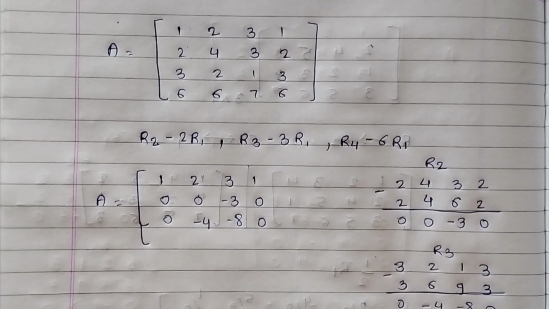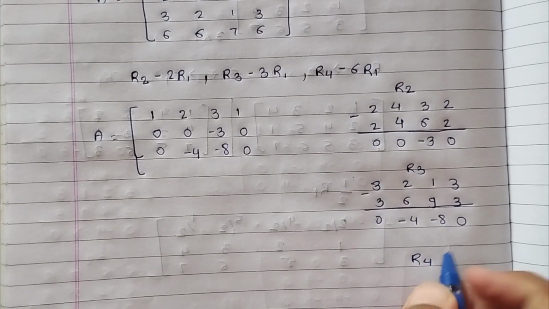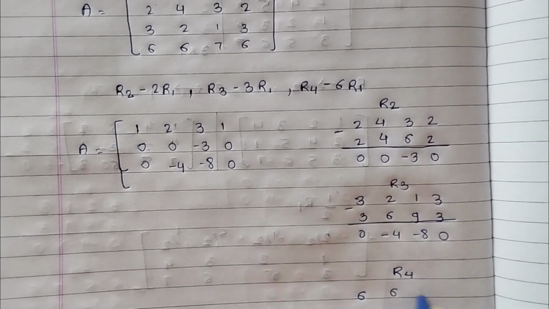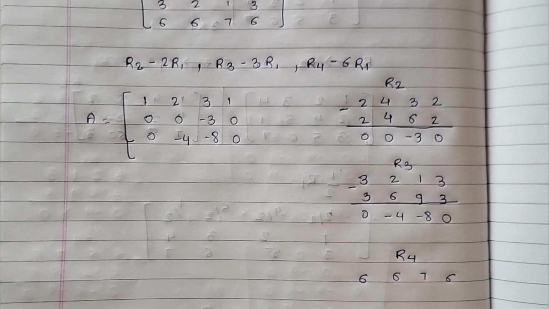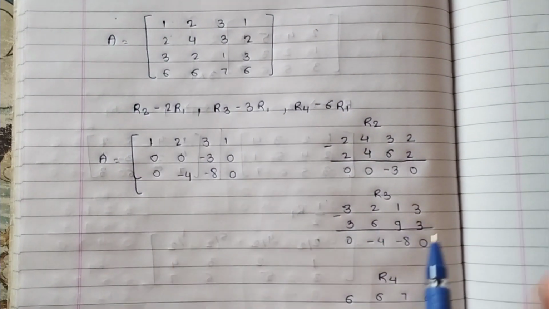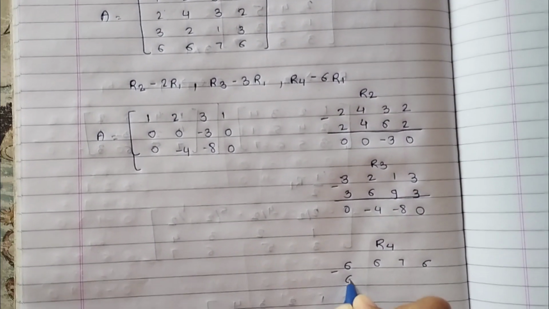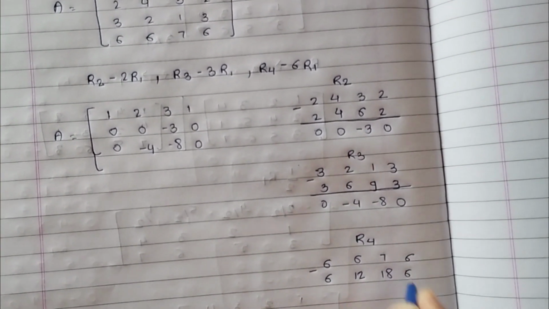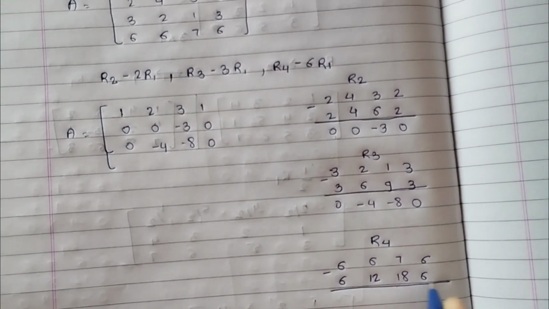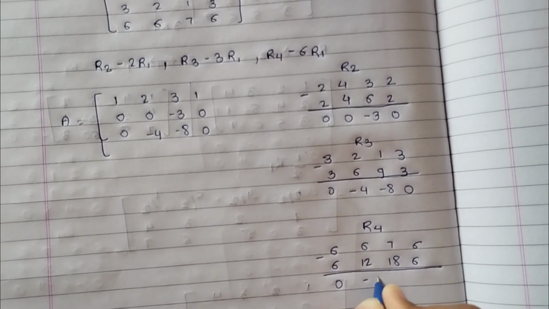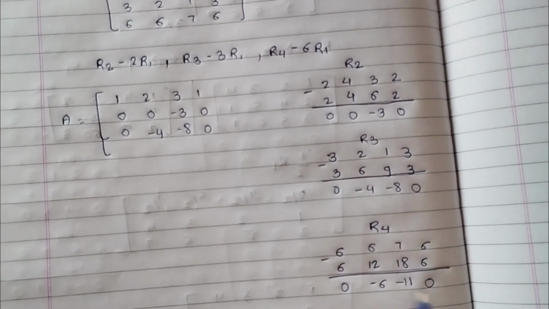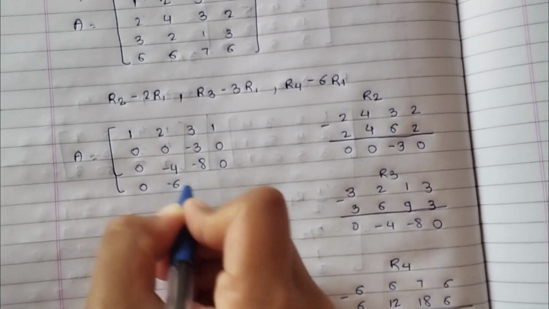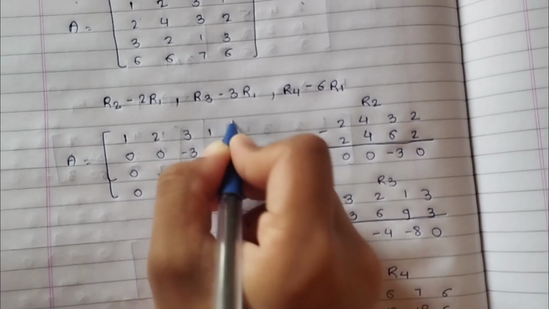And for R4, write R4 as it is, 6 6 7 6, multiply R1 with 6, so 6 12 18 6. So the answer is 0 minus 6 minus 11 0. Now R4 is 0 minus 6 minus 11 0.